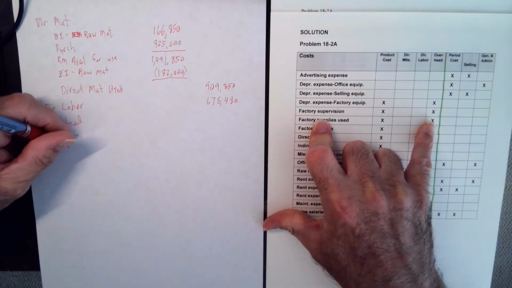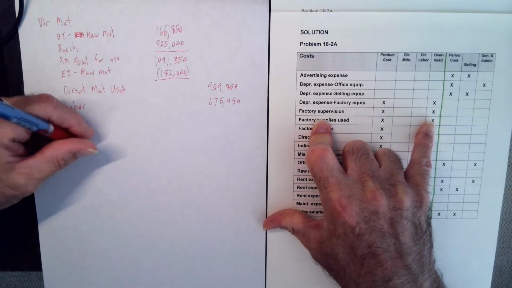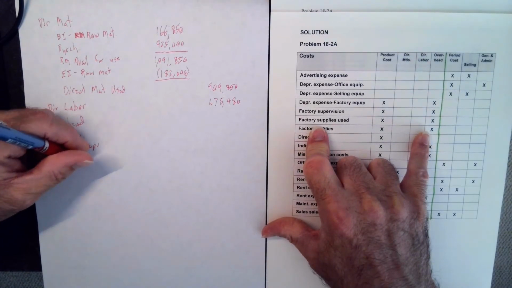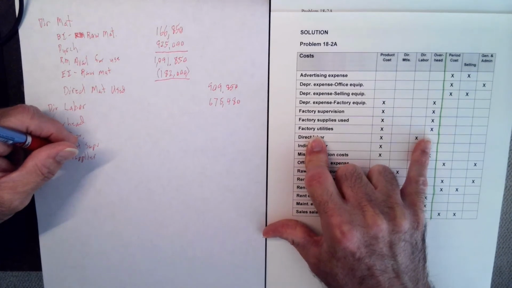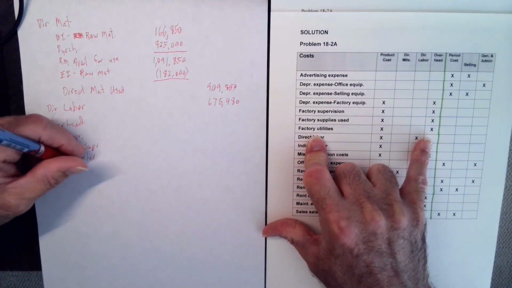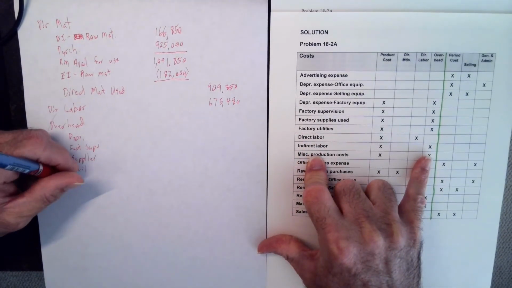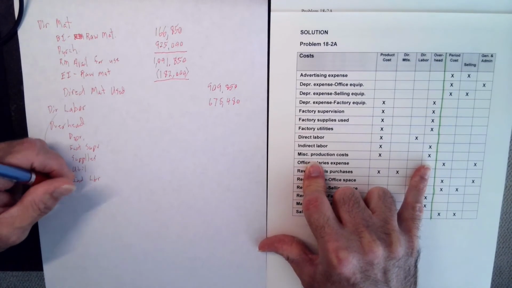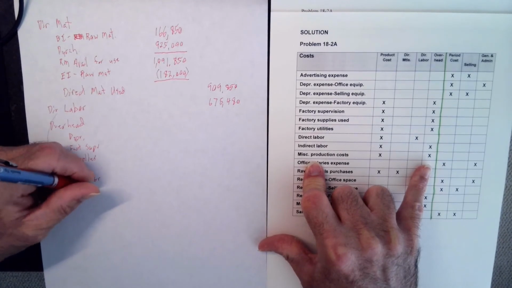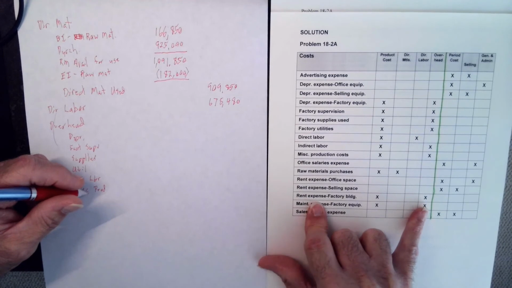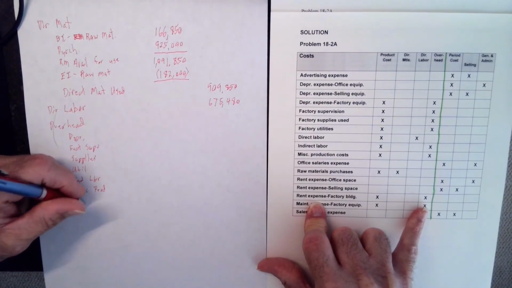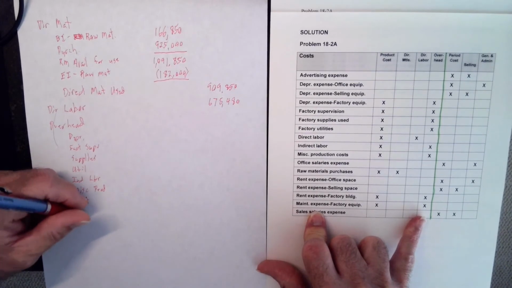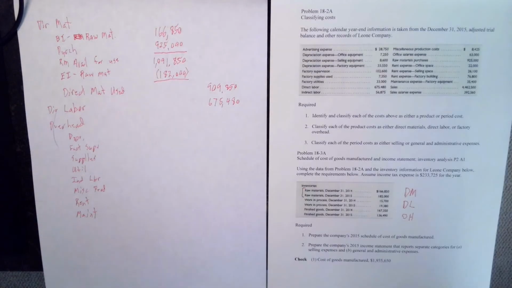Depreciation, factory supervision, factory supplies, utilities, indirect labor, miscellaneous production, rent expense, and maintenance expense. Okay, and we're going to find them over here.